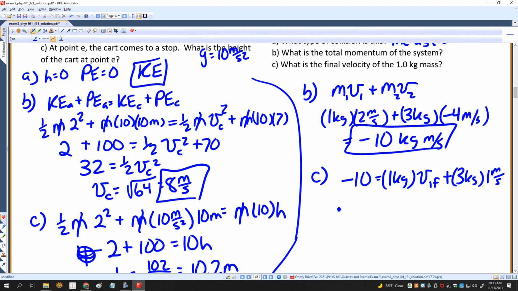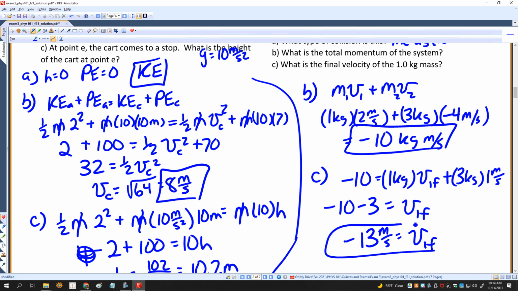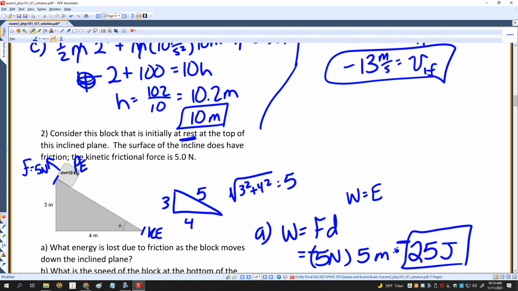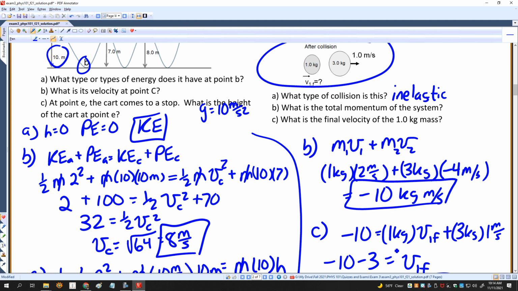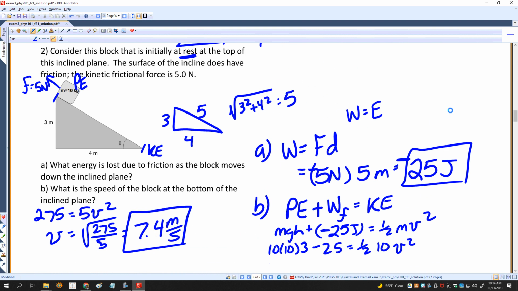So I get negative 10 minus 3 equals v1f, or negative 13. Okay, I think that was it, right? Yeah, so inelastic, negative 10 and negative 13.